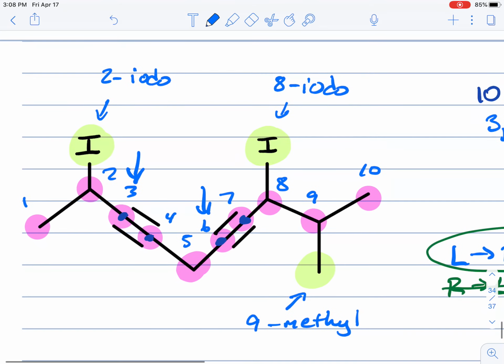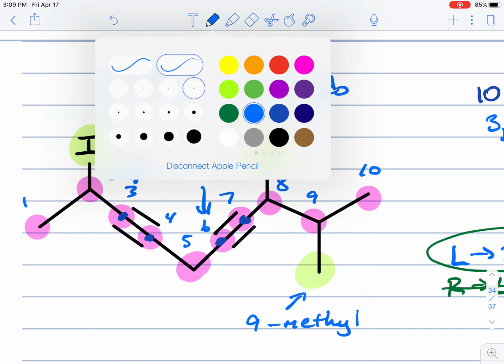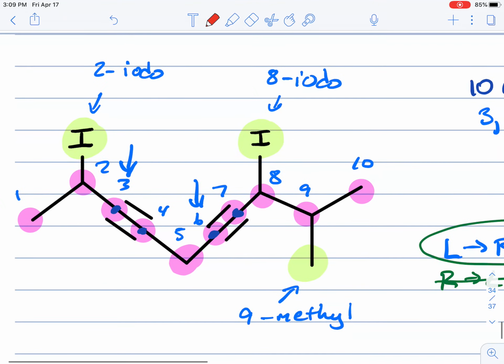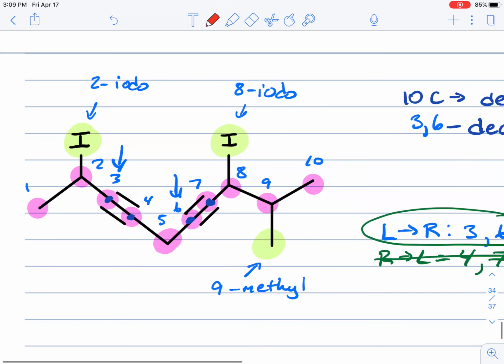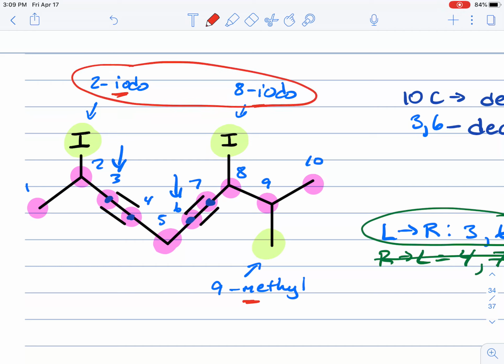Notice I have different substituents. I have an iodo and I have a methyl. What that means is that I need to organize my substituents in alphabetical order. So I comes first before M. Therefore I'm going to combine both of these together, and this is the first item I'm going to describe.